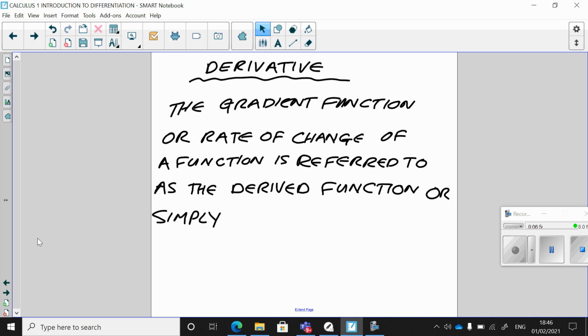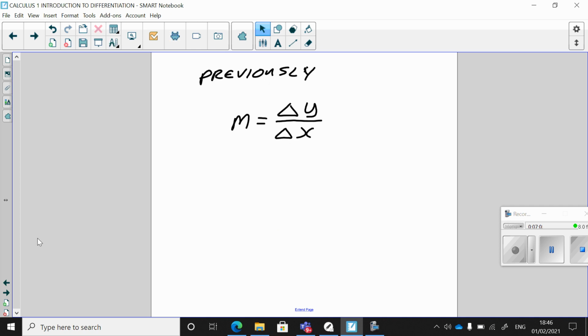It's called the derived function or just the derivative. We saw earlier the m symbol we traditionally use for gradient when we're looking at straight lines. It's just the change in y over the change in x. That's what the little triangles represent, a change in.